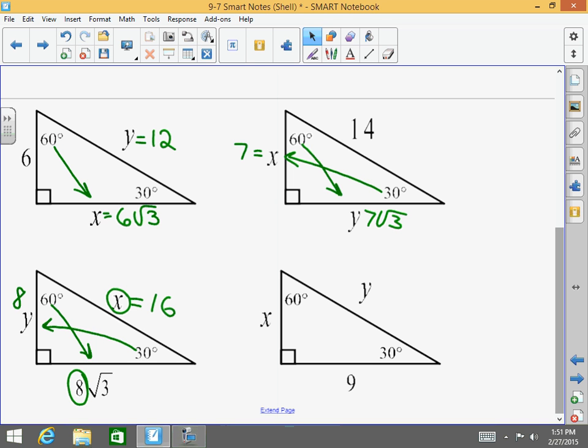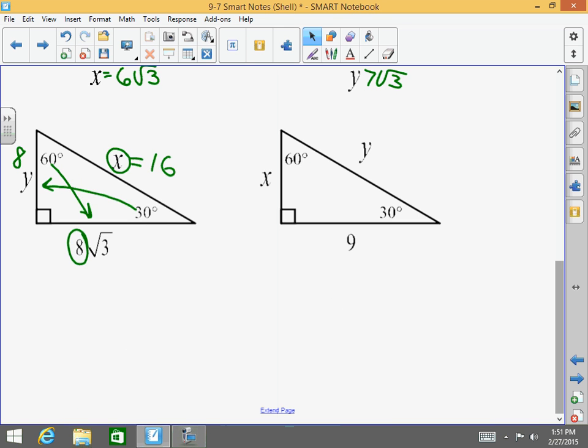Now, the more challenging scenario, unfortunately, this is just the way it goes. Sometimes they're going to give you the side across the 60 as a whole number. Just remember the formula.